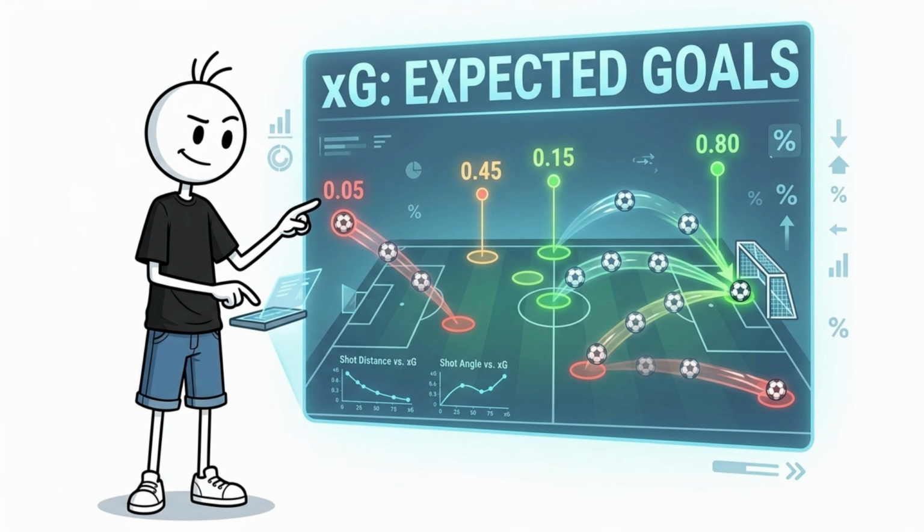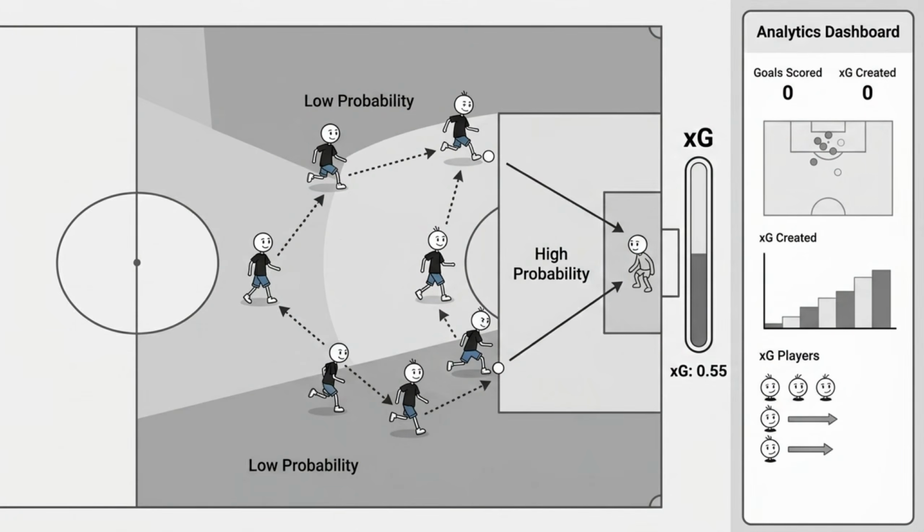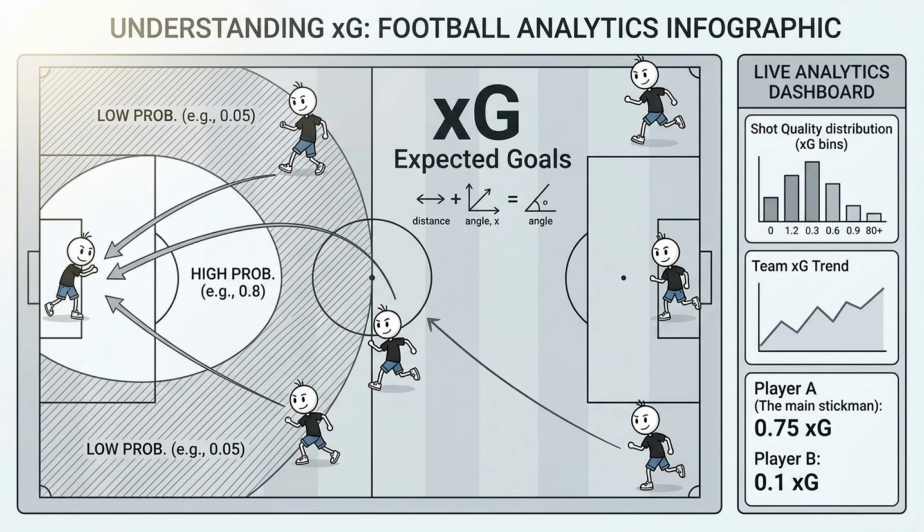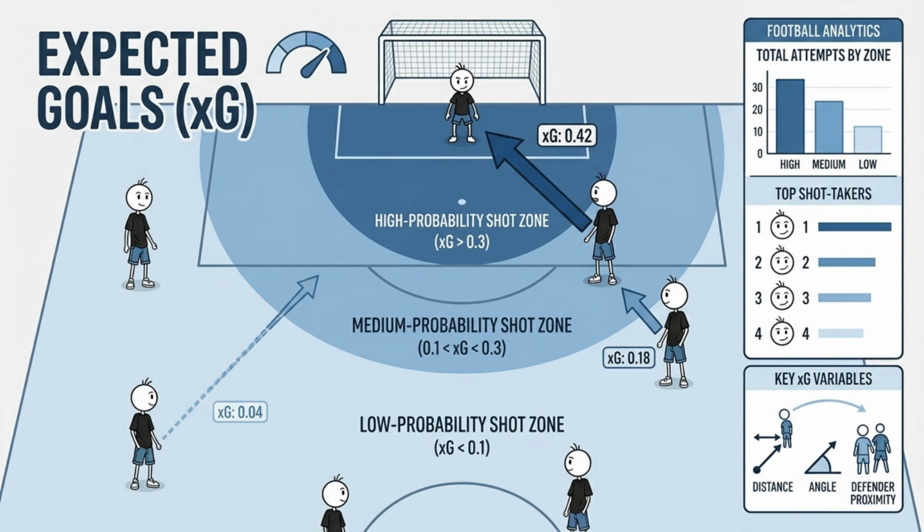Combined, 3.10 XG. That's interesting, because the underlying chance creation suggests this could be a high-scoring match. But remember, XG isn't a crystal ball. A team can produce 3.0 XG and somehow score 0. Football is football, so use XG as evidence, not as a guarantee.